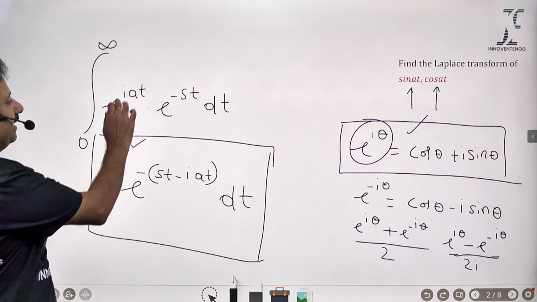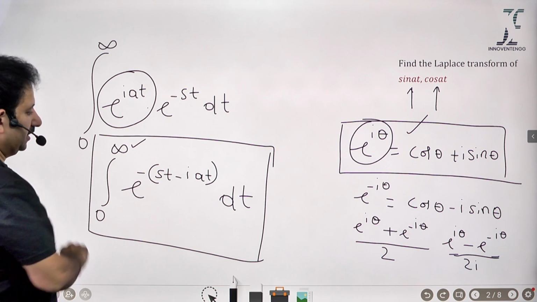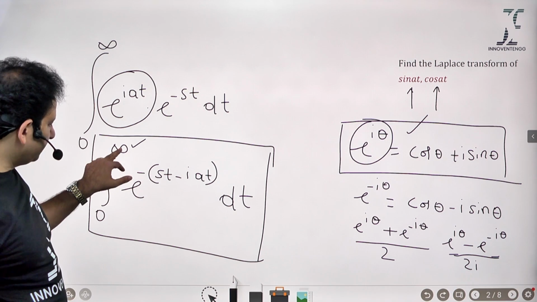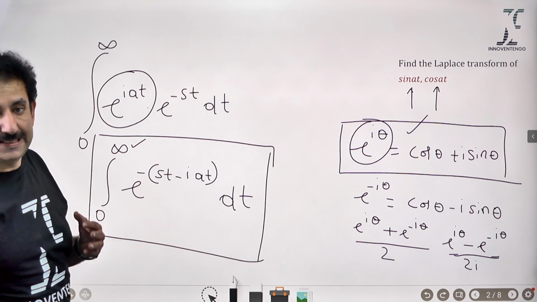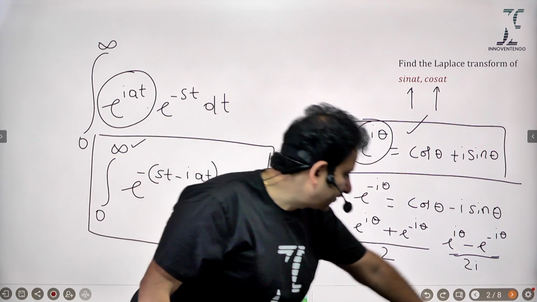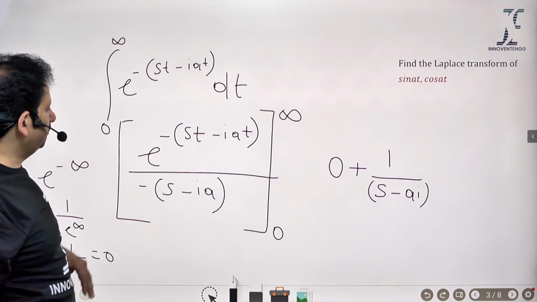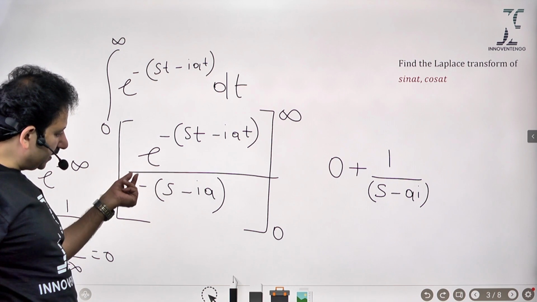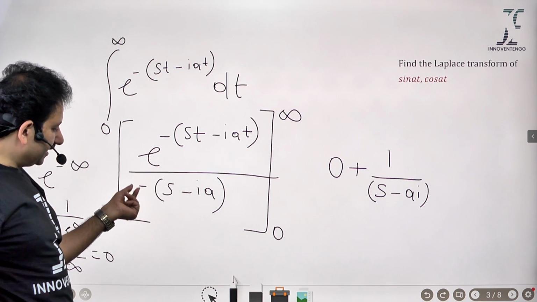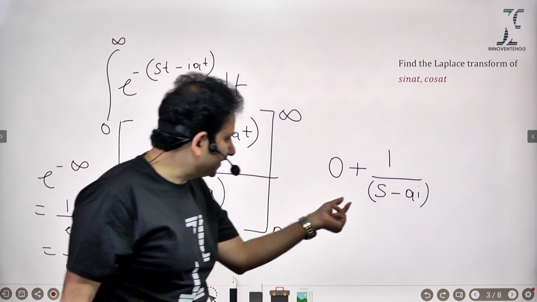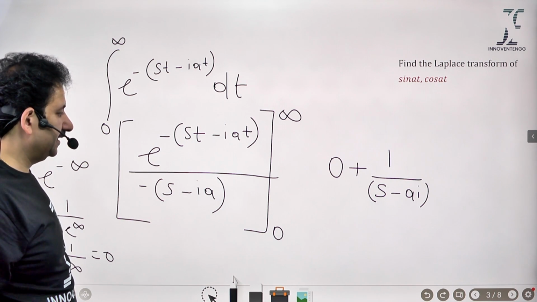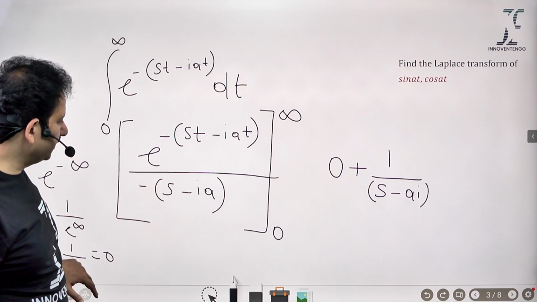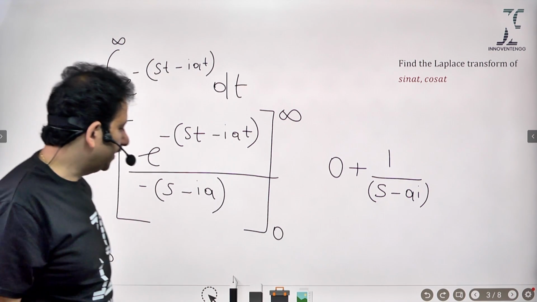We sought the Laplace transform of this particular term, and then we kept it as minus because we have the upper limit as infinity. Remember, a very, very important one, because your integral will go to 0 when you substitute the upper limit. And the lower limit is minus, because upper limit minus lower limit, this becomes minus of minus, plus s by s minus ai. Because at the lower limit, when you substitute t equal to 0, this entire thing becomes 1. That is where you have got 1 here.